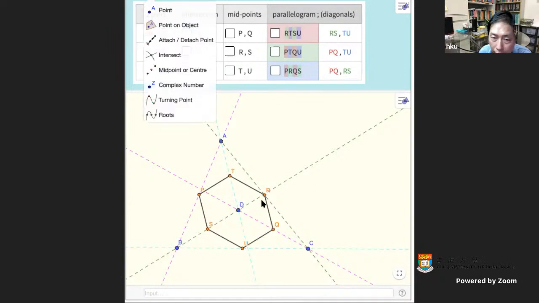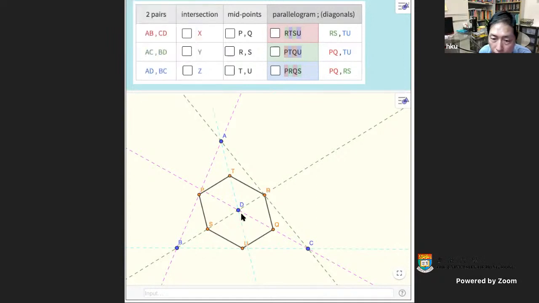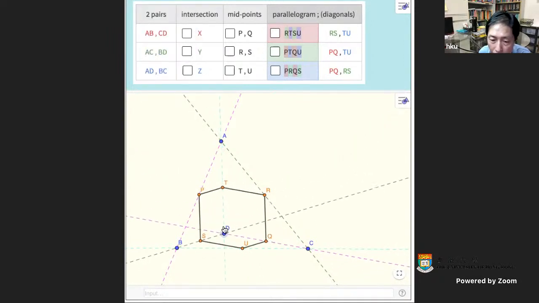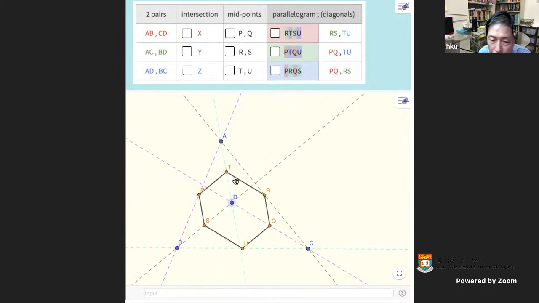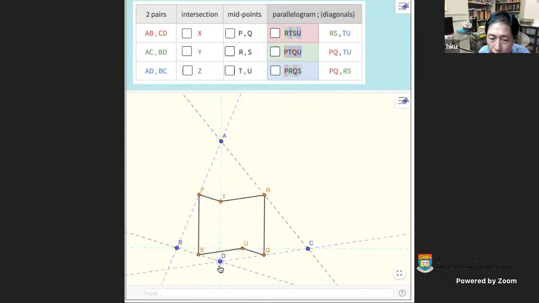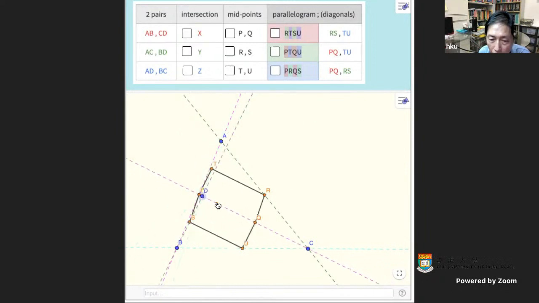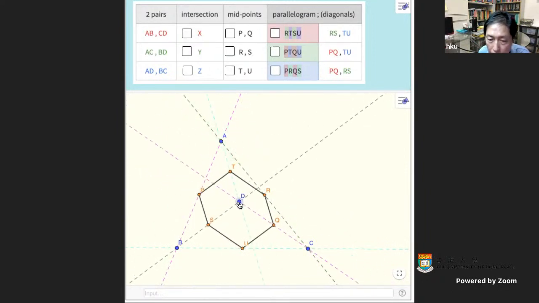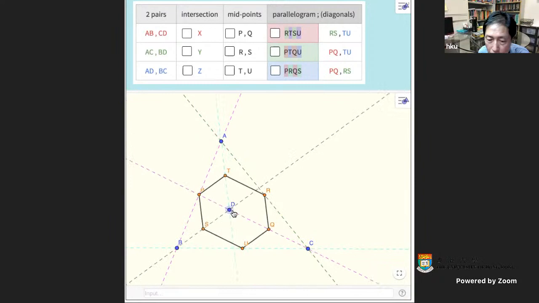Because now I realize that even though in general they may not be lying on the same circle, these 6 points should always form a hexagon with parallel and equal opposite sides, which may not be obvious at the beginning, but now we can revisit it in this way.